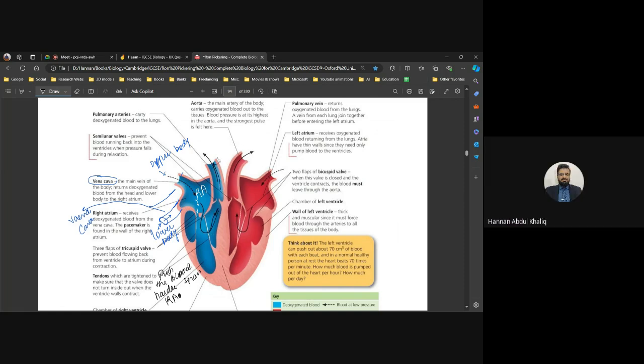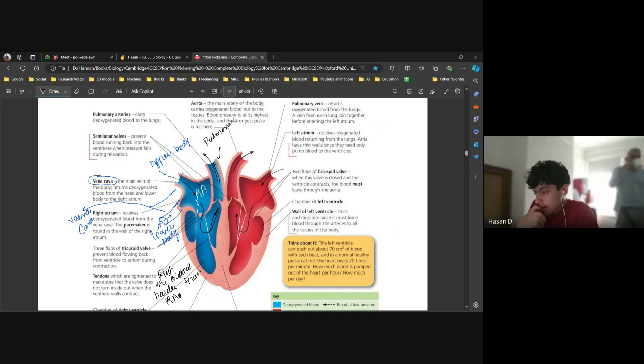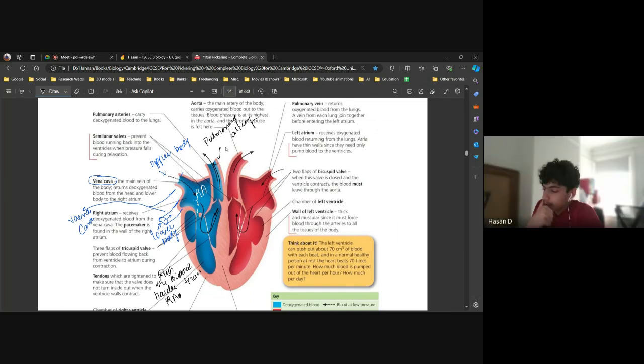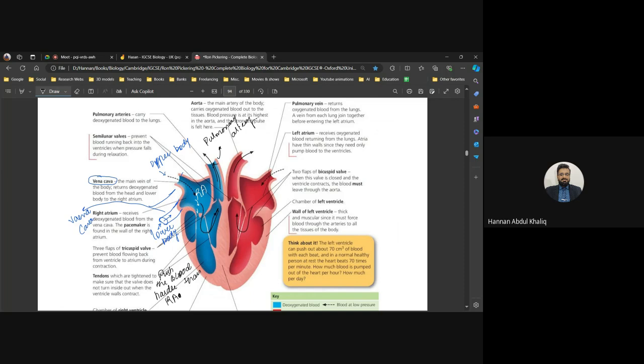This vessel is called the pulmonary artery. Where is it going? To the lungs. Yes. And this is the only artery that contains deoxygenated blood.